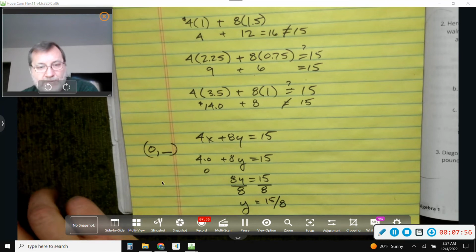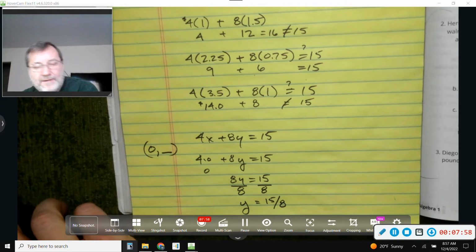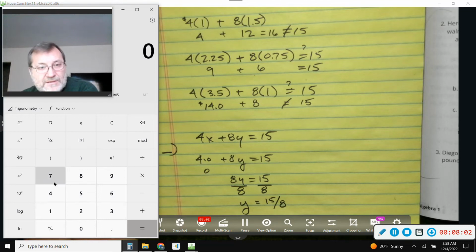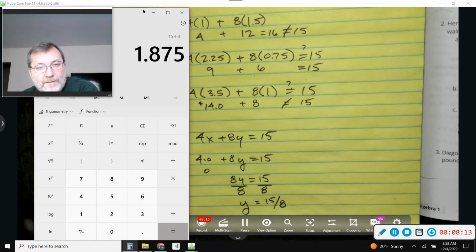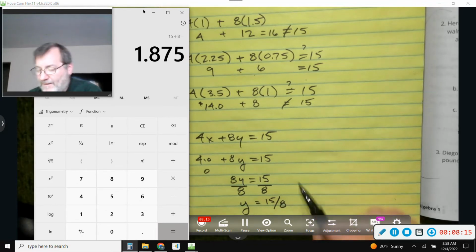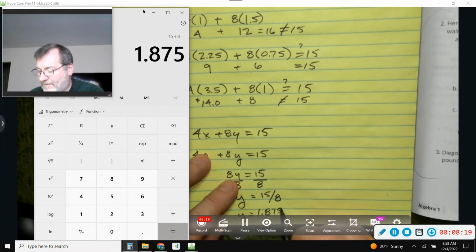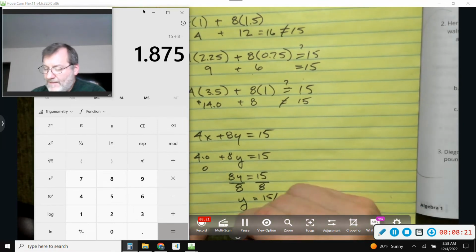So what we can do is get out our handy dandy calculator if you wanted to. I mean, 15 is really close to 16, so I know it's going to be around 2, but 15 divided by 8, that's 1.875. So y equals 1.875. Okay, so that's the value that goes into here.